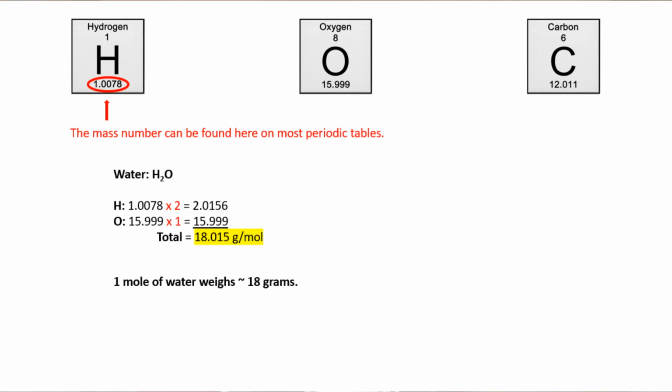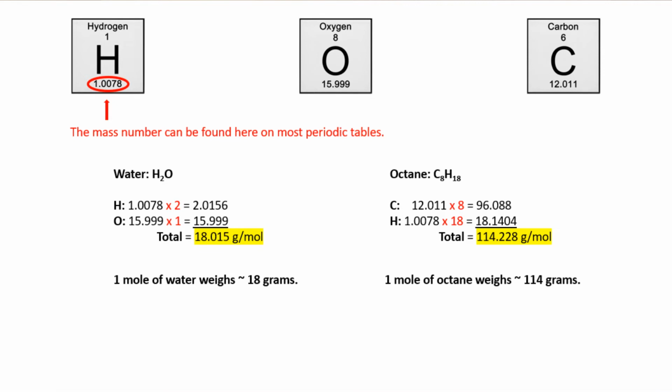In the instance of water, we have 2 hydrogens, which each have an atomic mass of 1, and 1 oxygen with an atomic mass of 16. This adds to 18 grams per mole total, which means 1 mole of water should weigh about 18 grams. For octane, we have 8 carbons and 18 hydrogens, for a total of 114 grams per mole. Same number of molecules, 6.022 times 10 to the 23rd, but this one's much heavier. These are both a dozen, but this one is heavier.